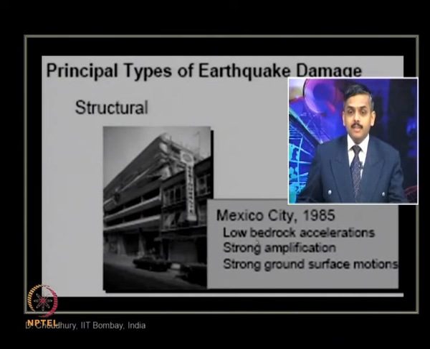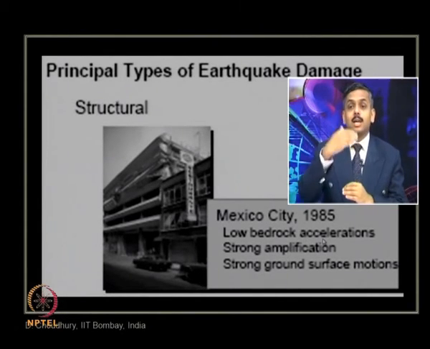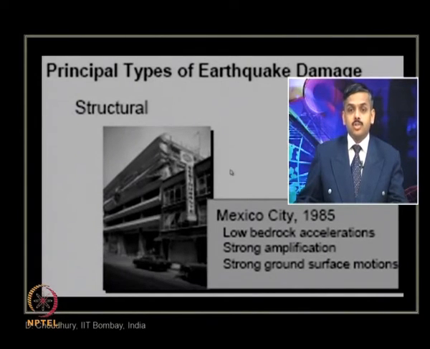But in this case, the local soil condition influenced it, which is known as strong amplification. That is, these small accelerations get increased or amplified when they reach the ground surface, and because of that, the high value of seismic acceleration made the structures collapse.